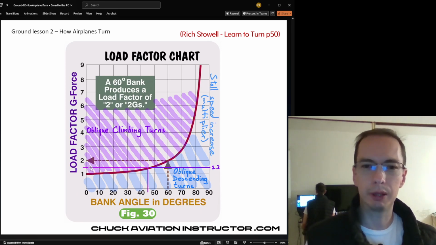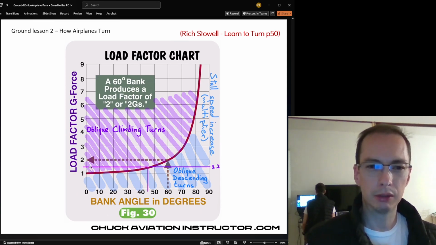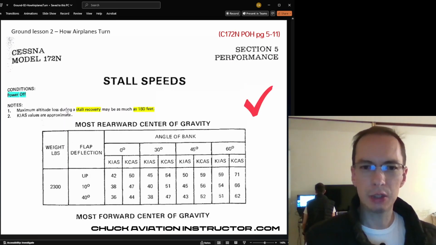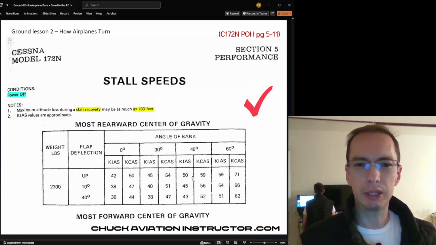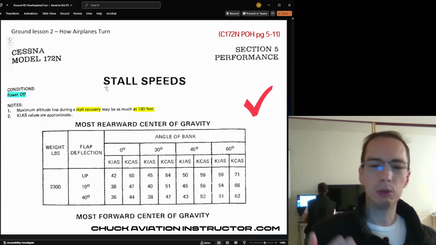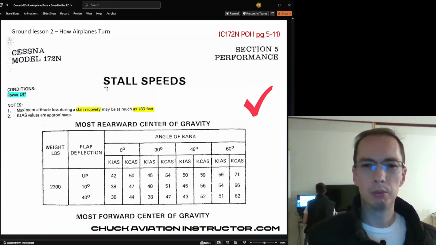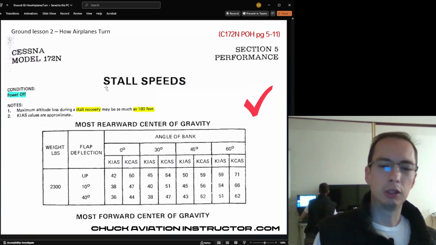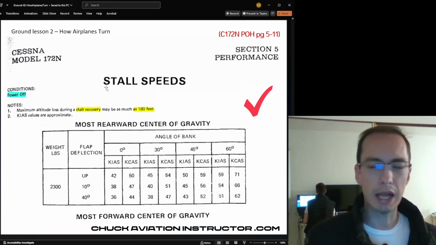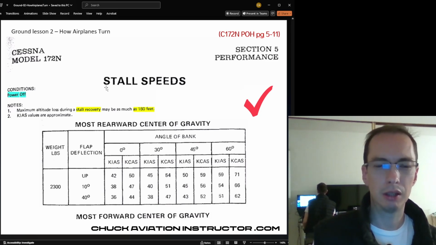So you've got to be careful with that and not demand from your airplane so much. And that's where these stall speed increase charts on your airplane POH actually apply, when you include the back elevator pressure to prevent your airplane from losing altitude throughout a turn. So that's what the elevator does to help us turn.